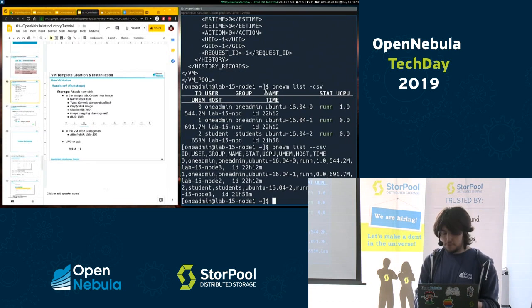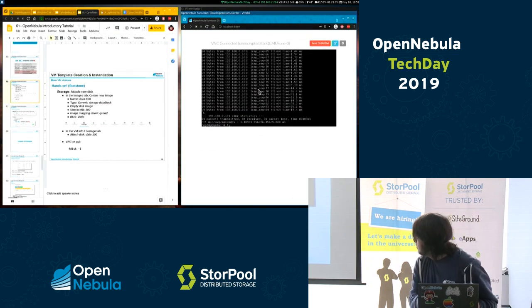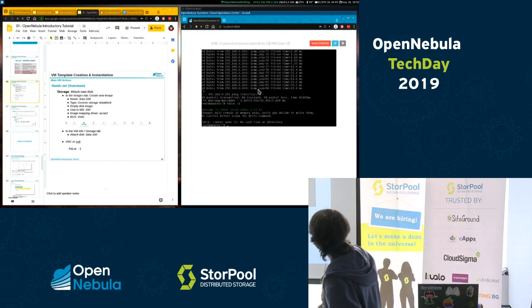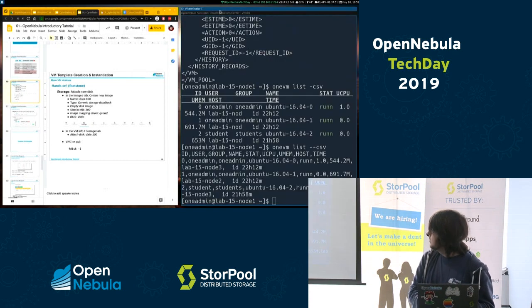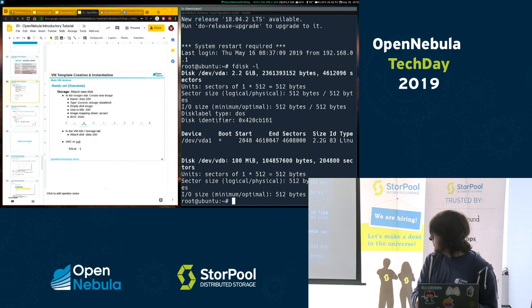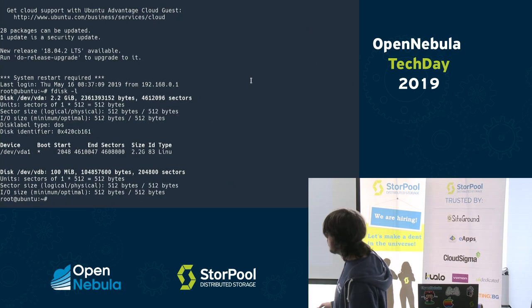Okay, so now we are going to check that the data block is really attached. So we go to, okay, so as you can see here, we should have, I don't see it.